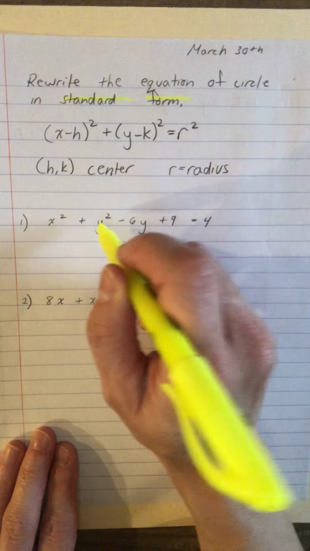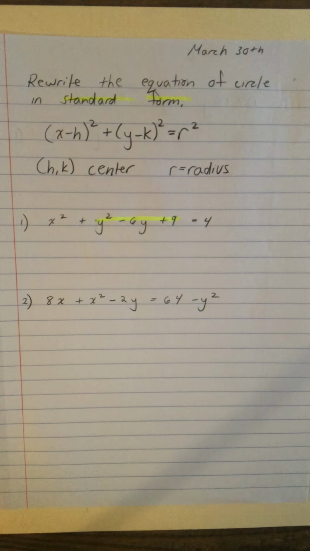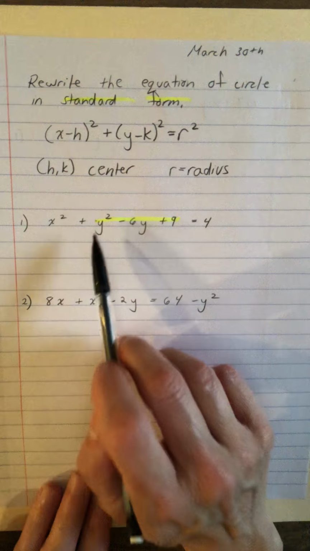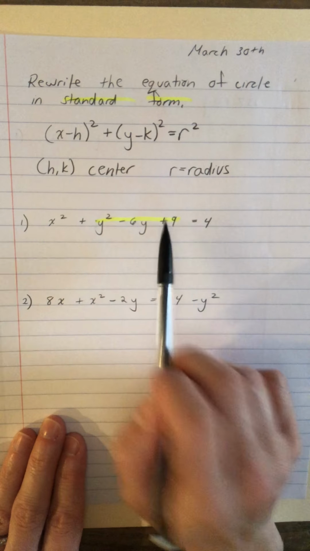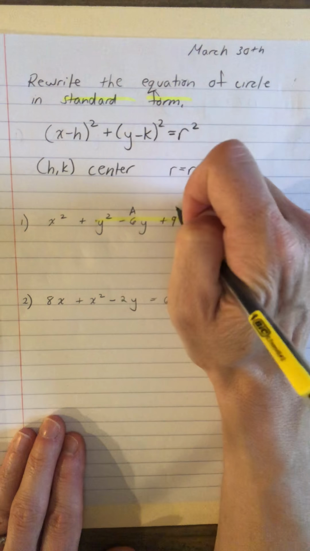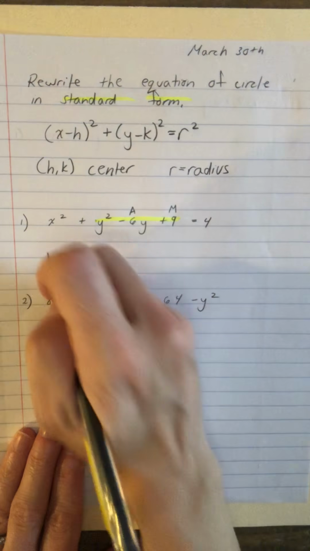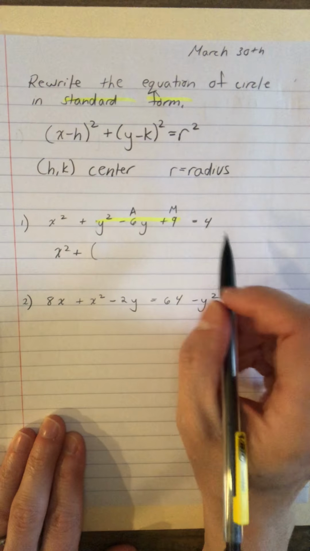minus 6y plus 9. And what I can do is take a look at that. You can notice that, wait a minute, I can factor this. My a value is 1, my b value is negative 6, and my c value is 9. So I can ask what adds to negative 6 and multiplies to 9. And you're going to notice, wait a minute, it's negative 3 and negative 3.